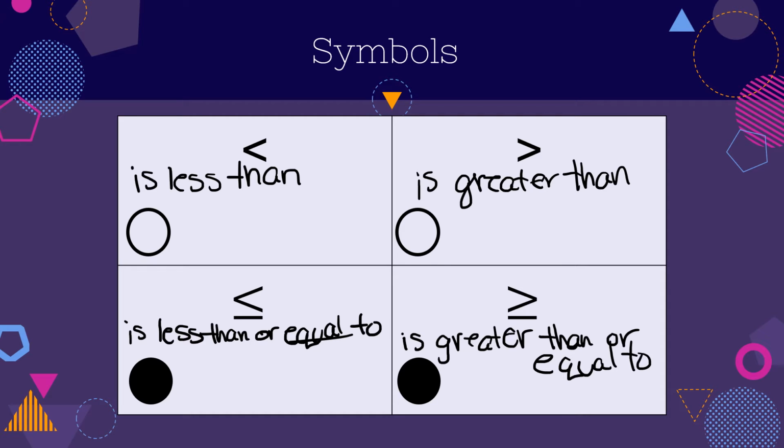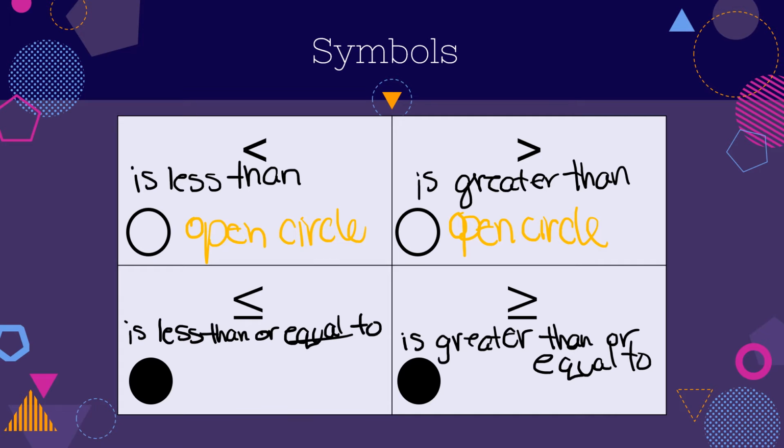Now we're also going to work on graphing on a number line. So if I am just less than or just greater than, then we would have an open circle because we're not including the value. So when we go to graph these, you're going to reference back here and you want to graph an open circle. Now, if it's or equals to, that means it's included.